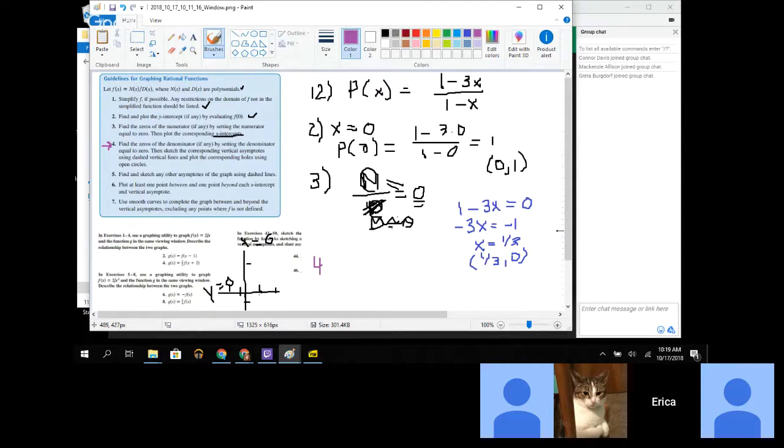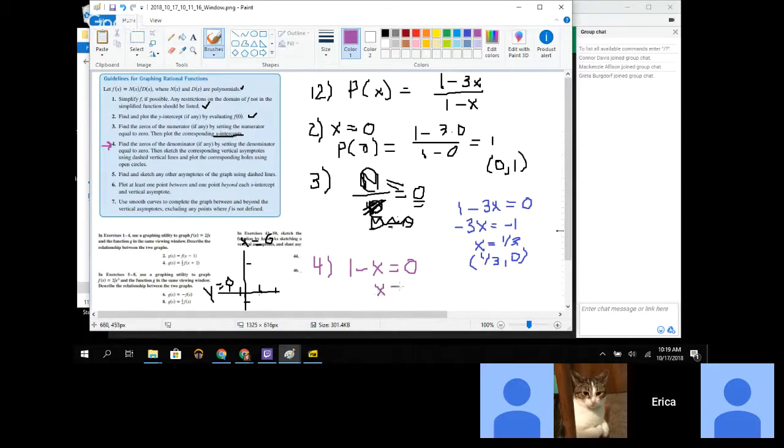If you go back a page in your notes, the graph of f has vertical asymptotes for the zeros of d of x. So basically, when my denominator, the bottom part, equals 0, that's where my asymptotes are, right?